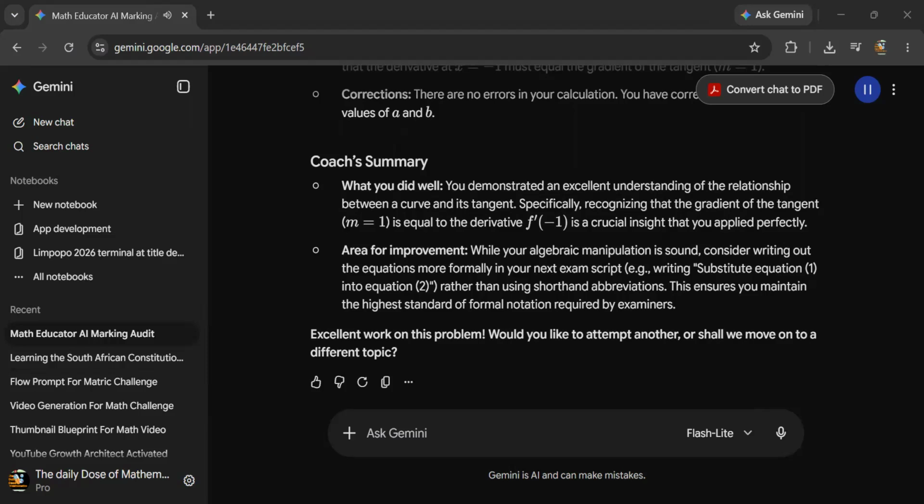While your algebraic manipulation is sound, consider writing out the equations more formally in your next exam script, for example writing 'substitute equation 1 into equation 2', rather than using shorthand abbreviations. This ensures you maintain the highest standard of formal notation required by examiners. Excellent work on this problem. Would you like to attempt another, or shall we move on to a different topic?